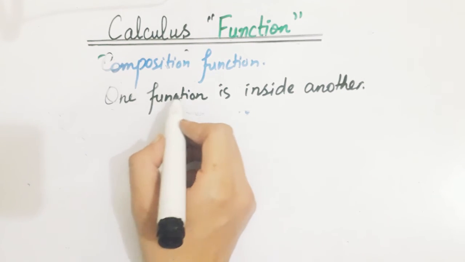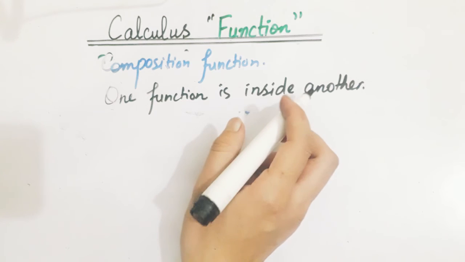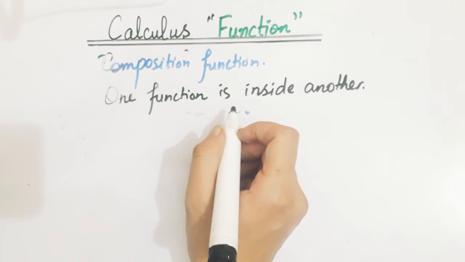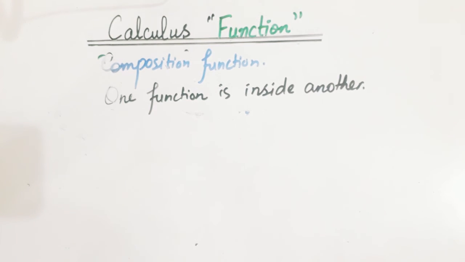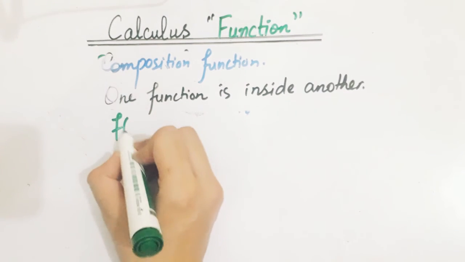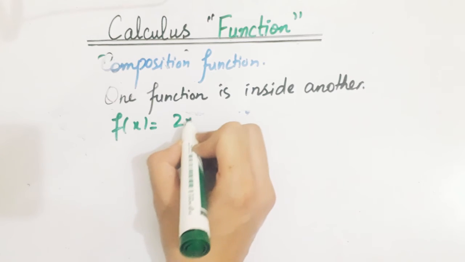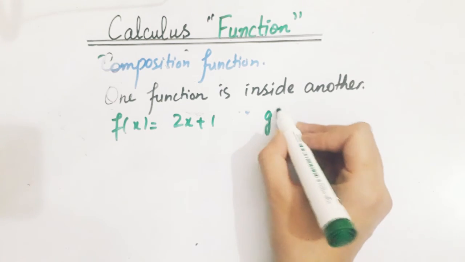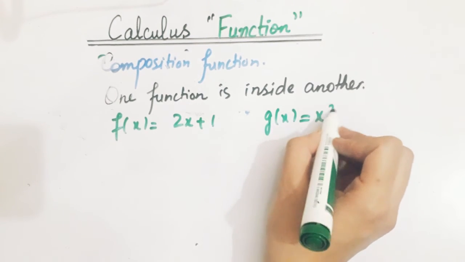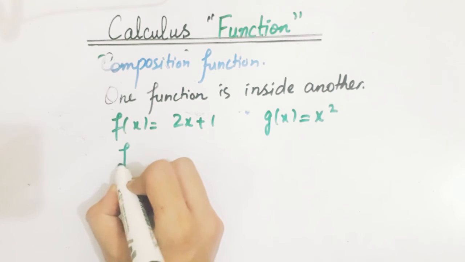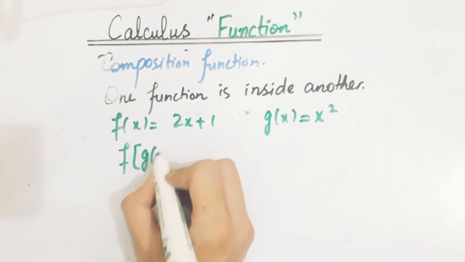We solve the inside one first, then plug its result into the outer one. Let's consider an example to understand this: if you have f of x equals 2x plus 1 and g of x equals x square, you have to find the value of f of g of 3.